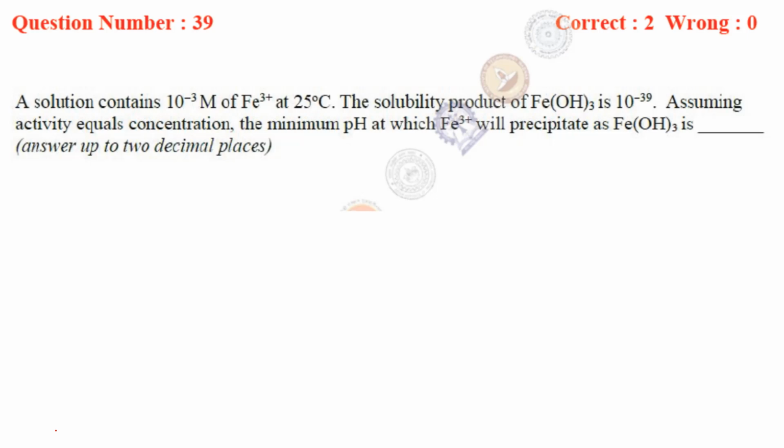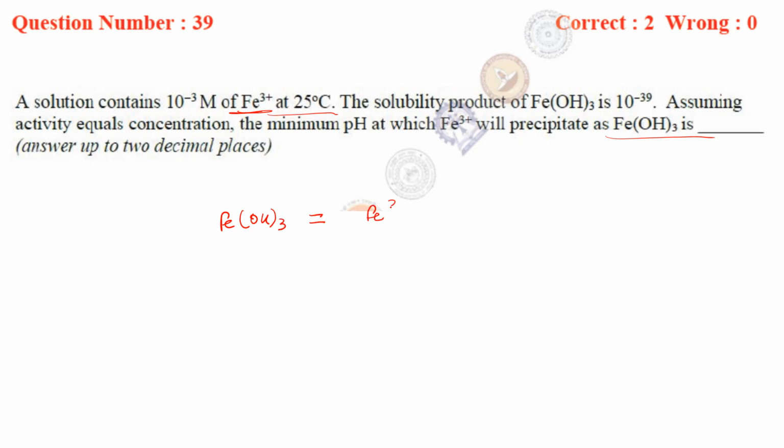A solution contains 10 to the power minus 3 M of Fe3+ at 25 degrees centigrade. The solubility product of Fe(OH)3 is 10 to the power minus 39. Assuming activity equals concentration, the minimum pH at which Fe3+ will precipitate as Fe(OH)3 is? Okay, it is asking about the solubility product.